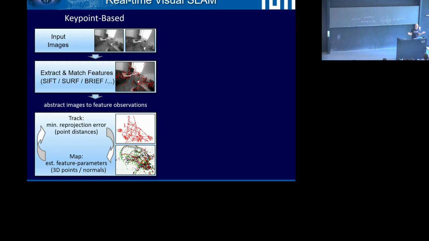How you get this correspondence, Kruppa didn't really say. Right? At the time, humans were doing that. You would have humans who looked at these photographs and they'd say, oh, here's the church tower in that image, same church tower here, the barn here, the barn there. So you mark 5 points, and once you have these 5 points, then you're ready to go. Then you can reconstruct the motion of the airplane and the 3D location of these points.